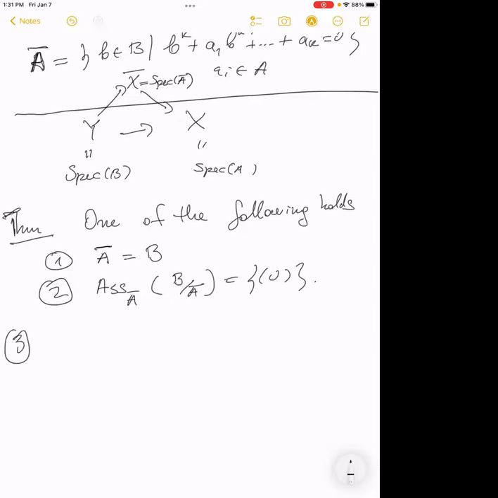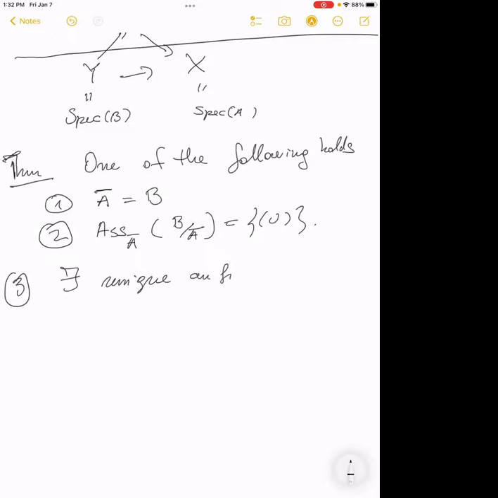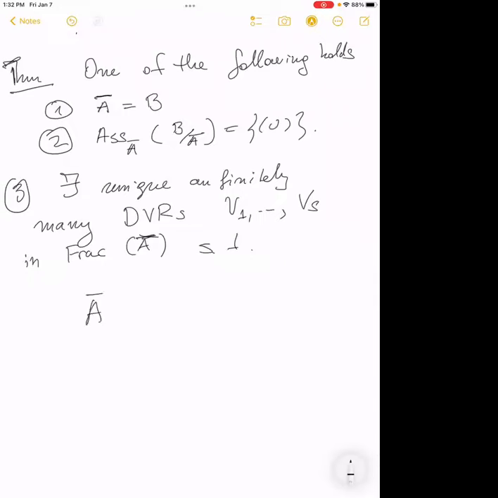And the third one, the kind of nice case, is the following statement: there exist unique and finitely many discrete valuation rings V1 to Vs in the field of fractions of A bar, such that A bar is equal to the intersection of these valuations with B.